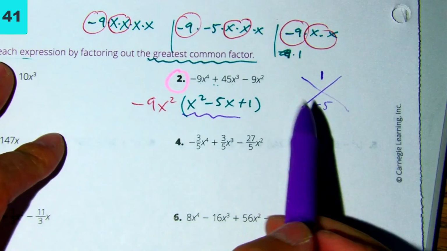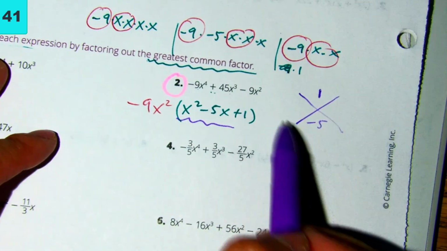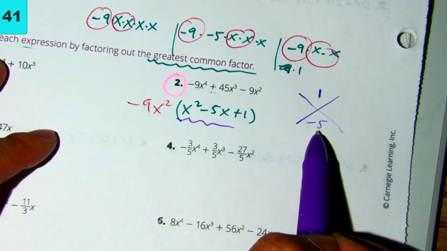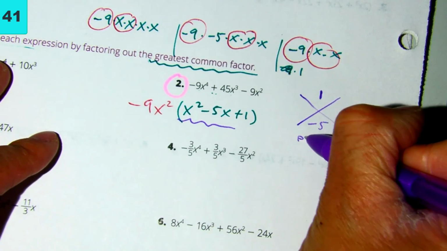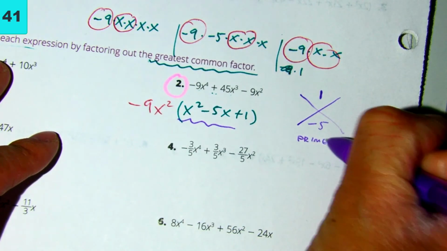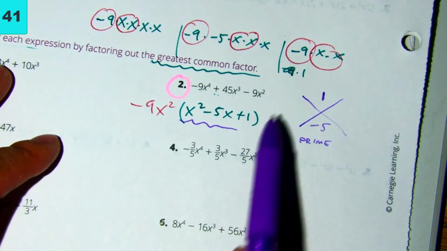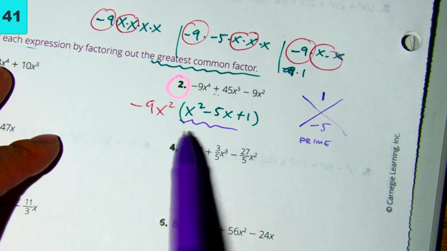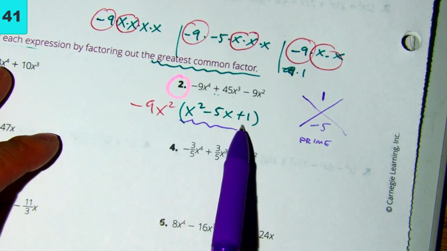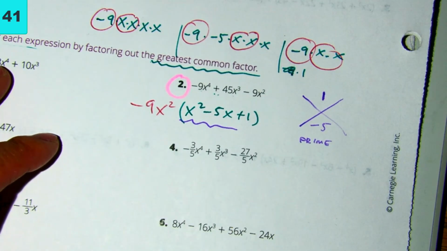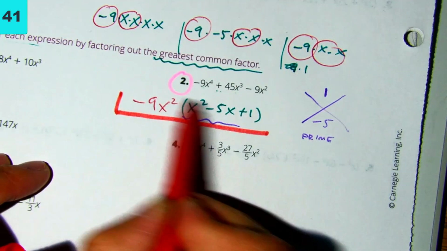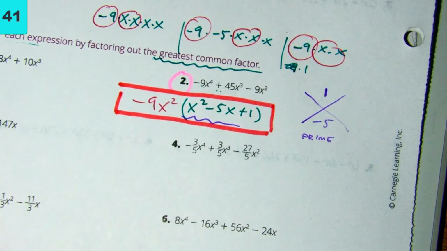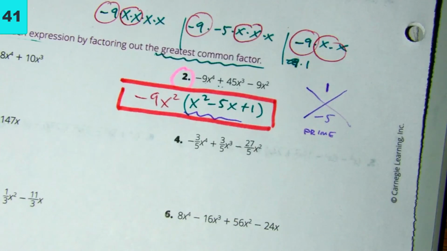Class, are there 2 numbers that multiply to be 1 and add to be negative 5? Any numbers, class? No. So in purple, this is prime, but pay attention. You don't write prime as your final answer. We're just saying in this purple, you cannot factor anymore. So our answer is just the GCF in this problem: negative 9x squared times x squared minus 5x plus 1.